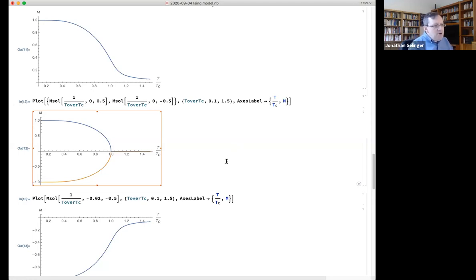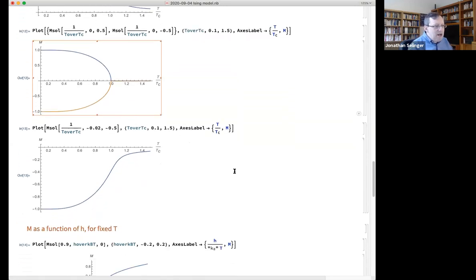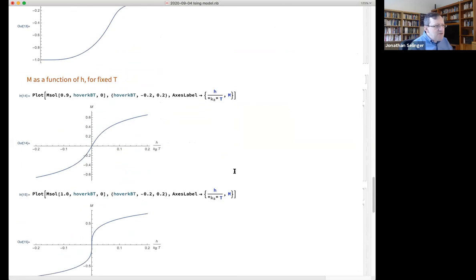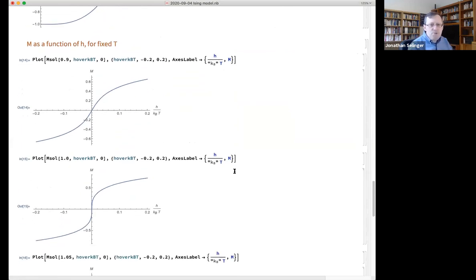Now, let me show you another way to see the same sort of thing. Suppose you make plots of M as a function of H for fixed temperature. So here, this first plot, this is a plot for a temperature that's high, above the critical temperature.